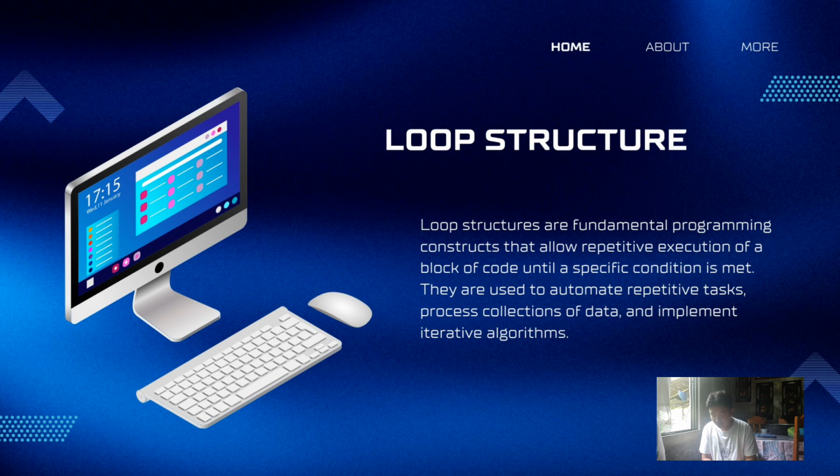So loop structure, as from the word loop, it just repeats, again and again, until a condition is met. It is also used for automating tasks, processing lists, and running calculations multiple times, no?